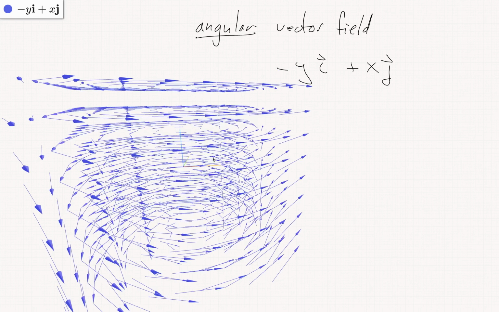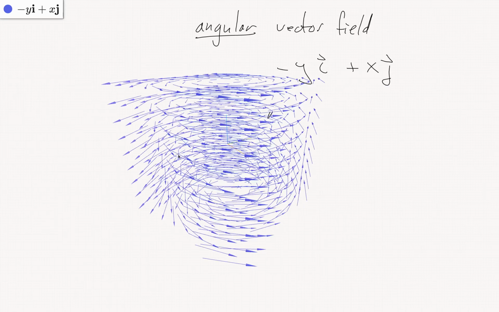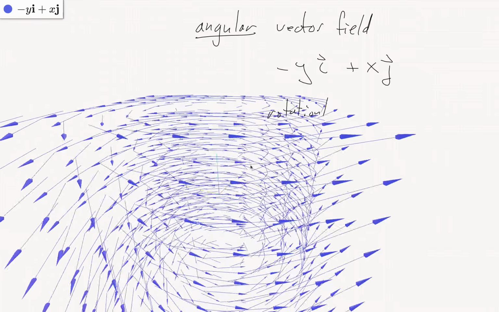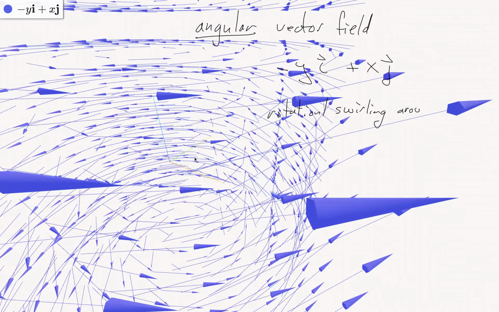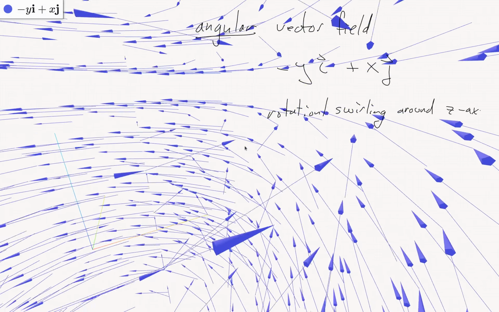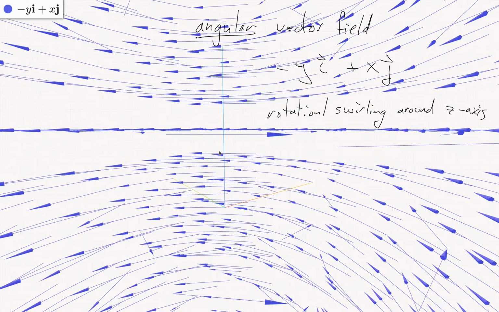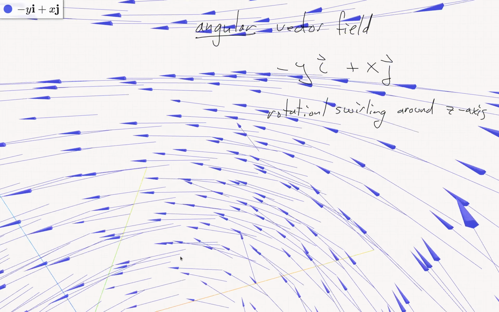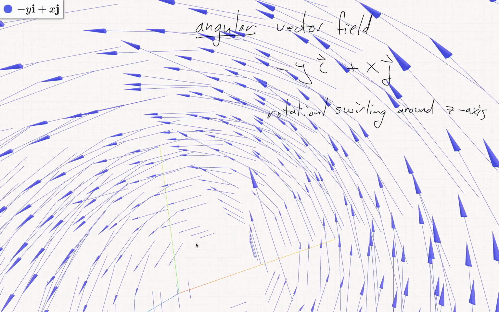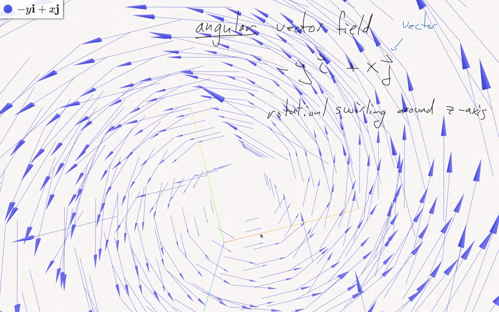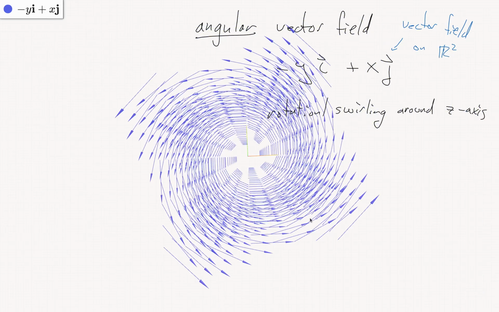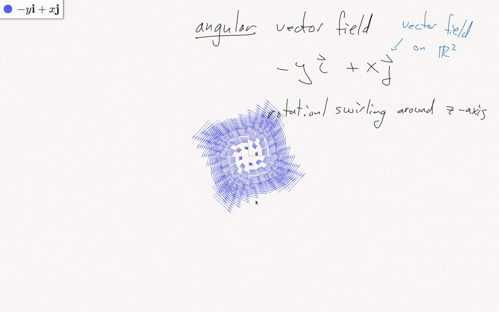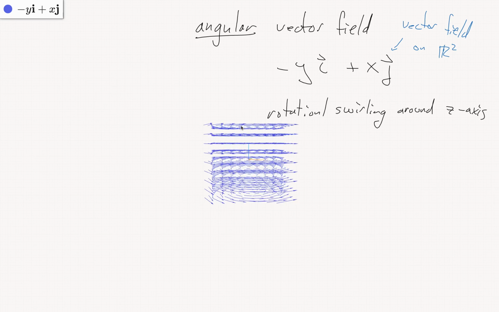So this is describing a rotation or swirling around the z-axis. And really you can define this in 2 dimensions. So I could also view this as a vector field on R2, and then I've just sort of repeated this in R3.